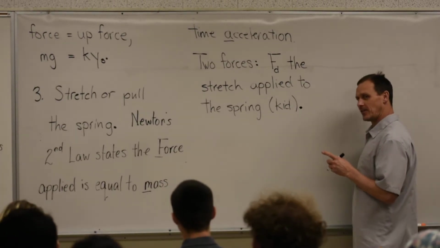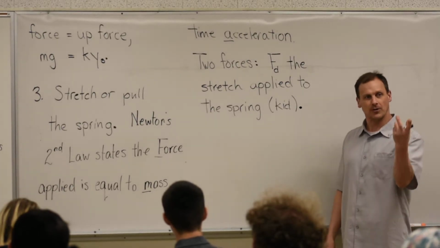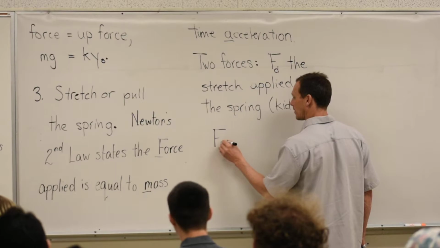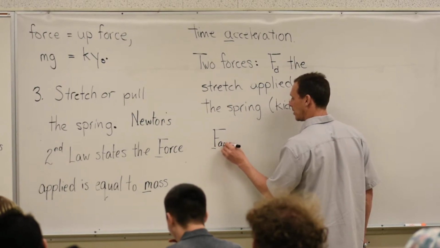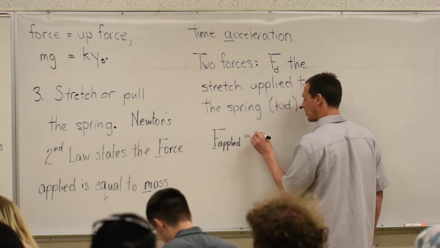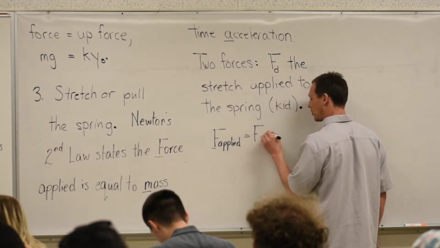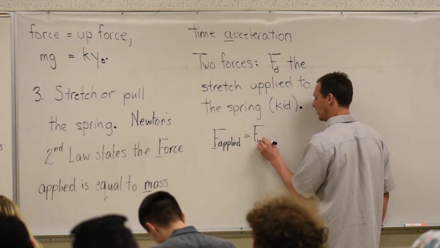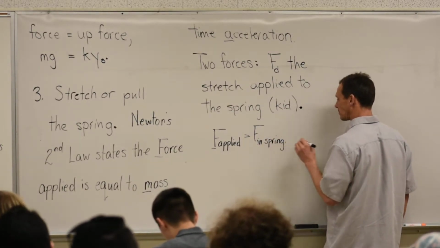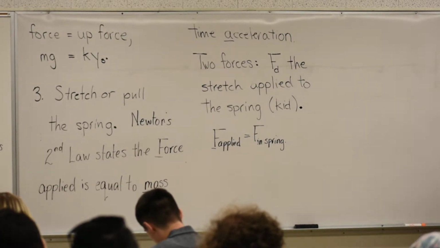So now, let's see what are our two forces. We have the force that we applied. So the force applied has to equal the total force that's in the spring. All right, so let's try this.